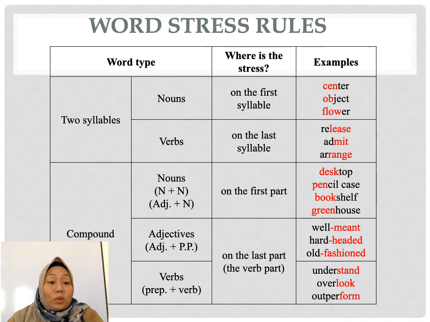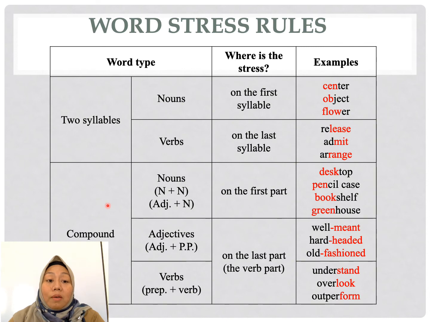Let's take a look at the word stress rules. The first one: if you have two-syllable words, if they are nouns, then the stress is on the first syllable. For example, center, object, and flower. If they are verbs, the stress is on the last syllable. Release, admit, arrange.